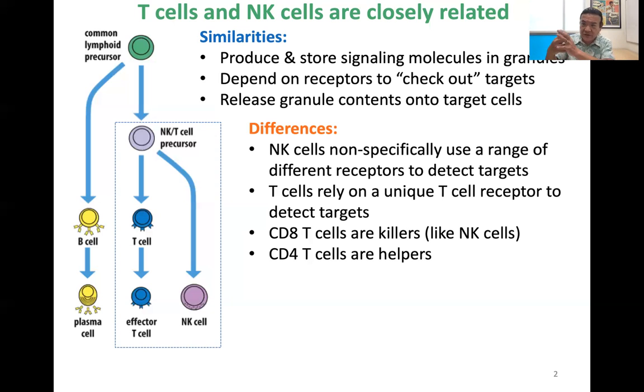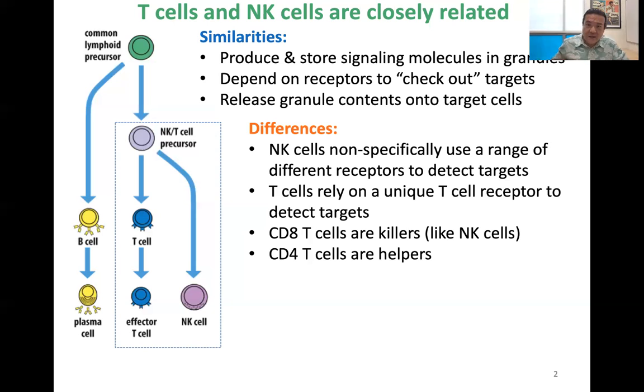But T cells and natural killer cells have to work by synapsing with another cell and then being able to tell whether that other cell is problematic or if everything is okay. In either case, whether a T cell or a natural killer cell synapses with another cell, when that lymphocyte releases the contents of those granules, they are released onto that target cell in order to effect some sort of action.